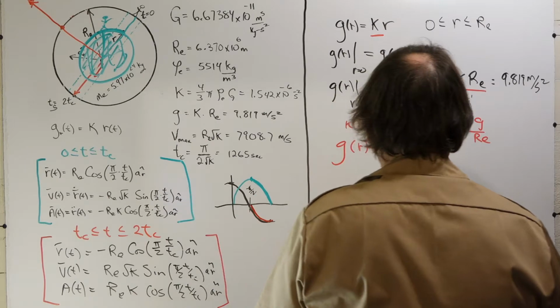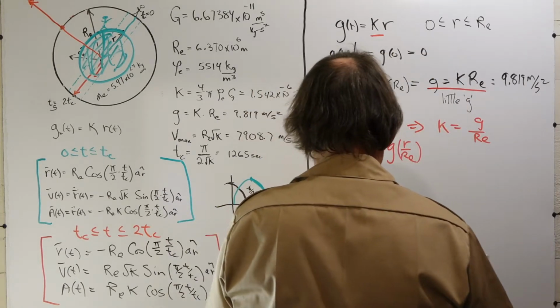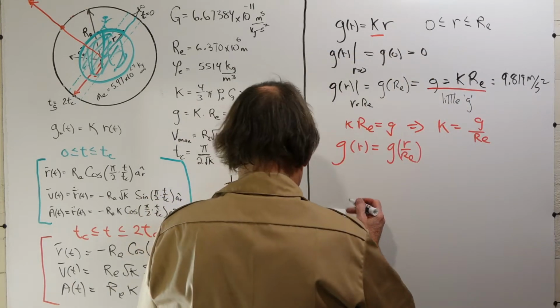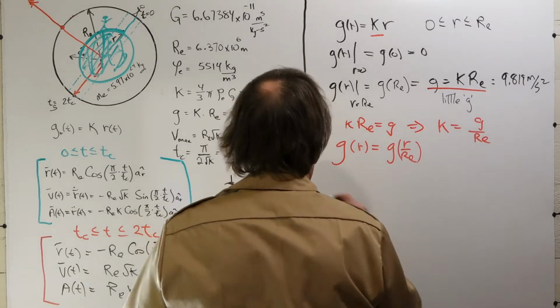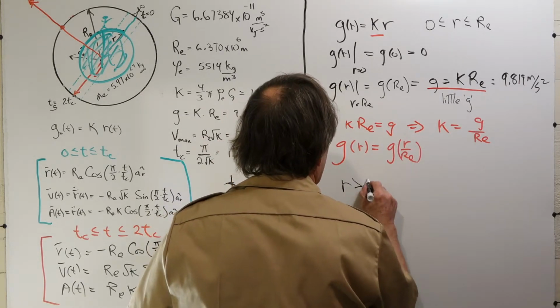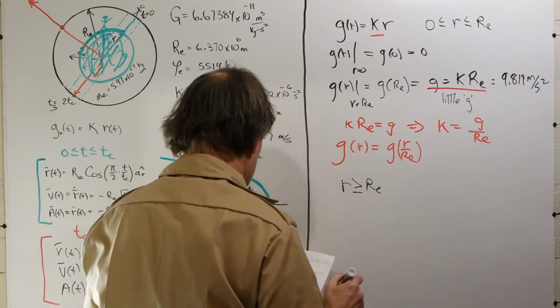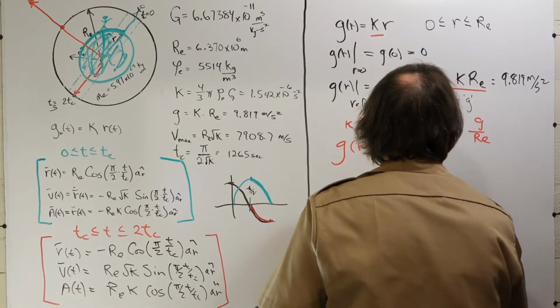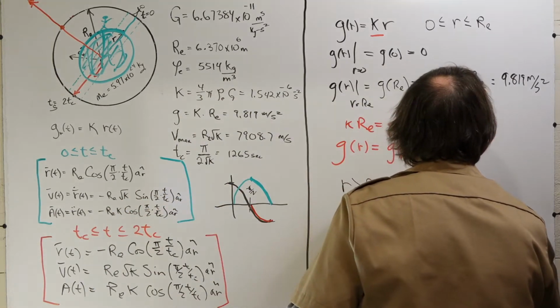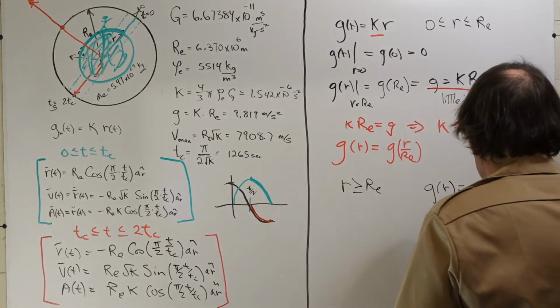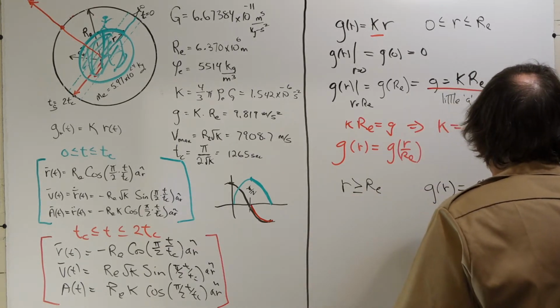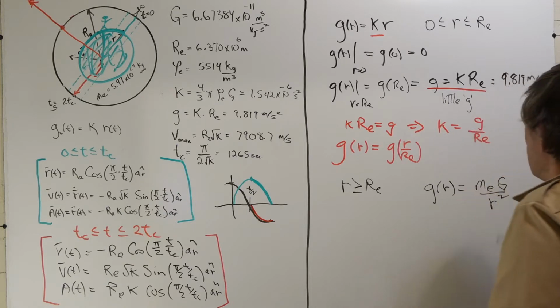If we look at the gravitational force law for R greater than or equal to RE, we have that the gravitational acceleration is just the mass of the Earth times big G over R squared.